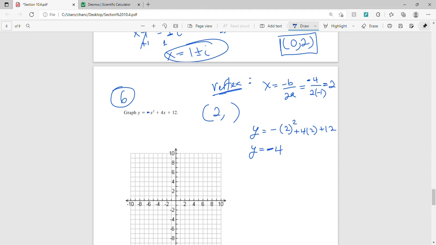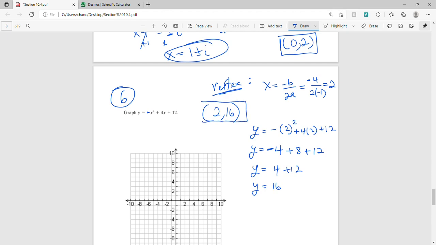So this is negative 4 plus 8. 4 times 2 is 8. And then we have a plus 12 here. So we can simplify this as y equals negative 4 plus 8 is a positive 4. And then if we add 12 to that, that gives me y equals 16. So the vertex is the point 2, 16.